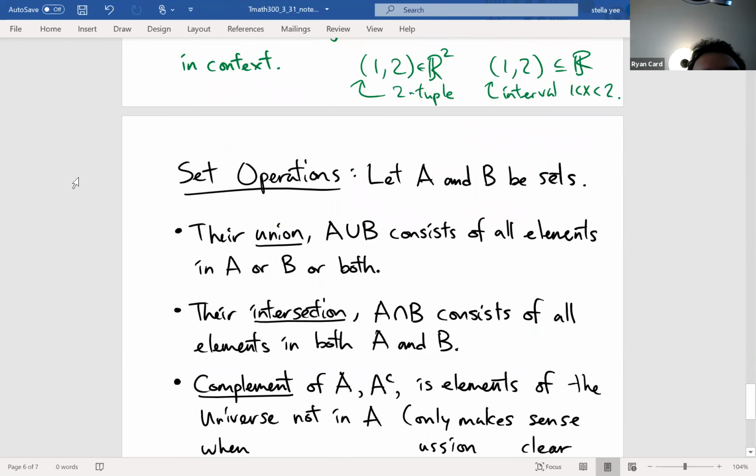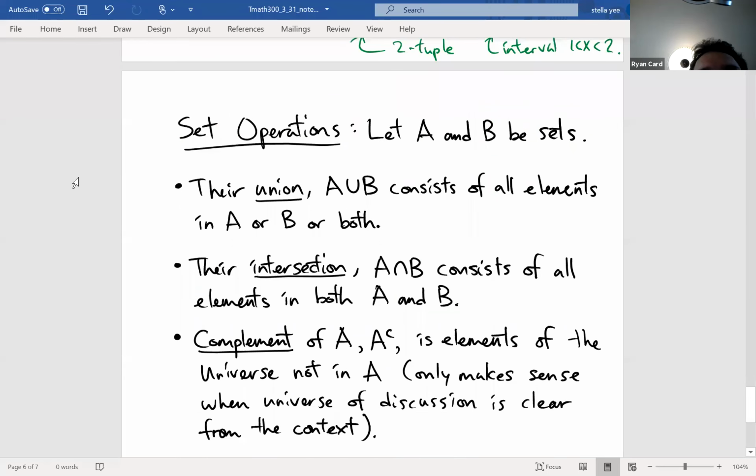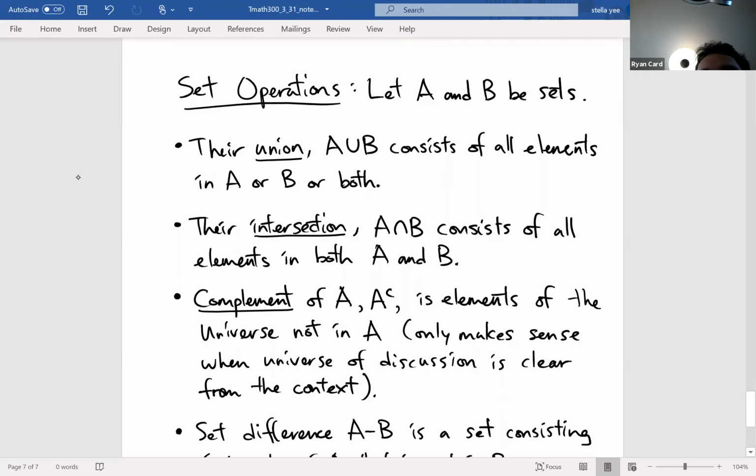All right, a little bit more to go. If you have 2 sets A and B, we could talk about their union. So if I write A with this symbol that looks a little bit like a U, but you usually have a vertical bar at the right end, A cup B consists of all the elements inside of A or B or both. So you just dump together what's in A and B. And if it doubles up, you still keep it in the union.